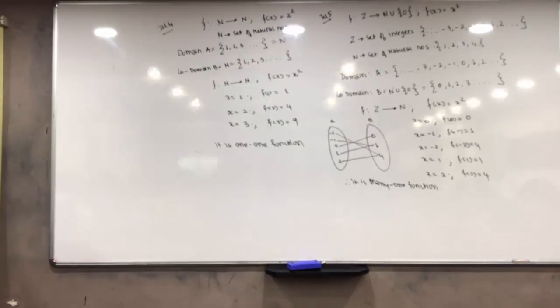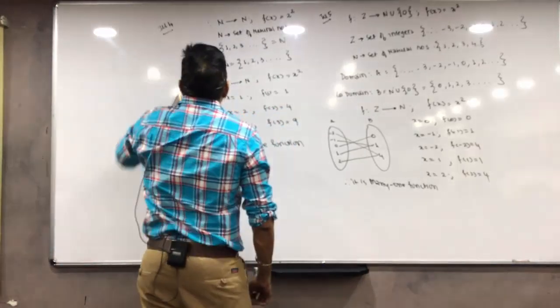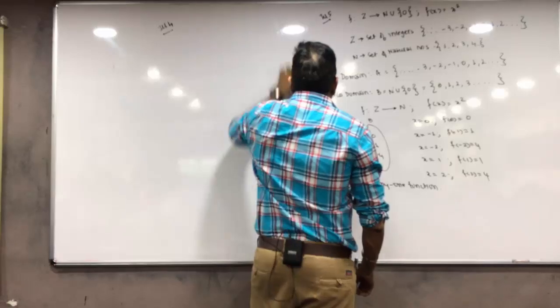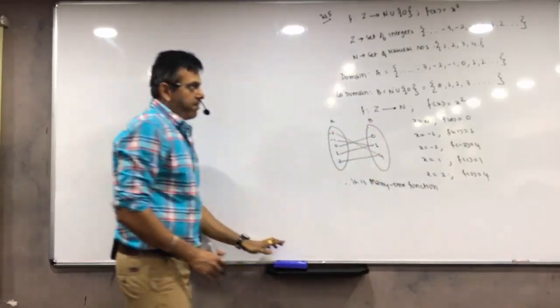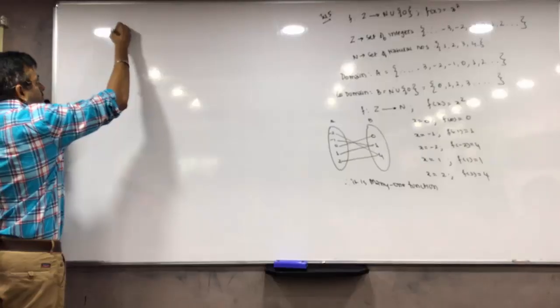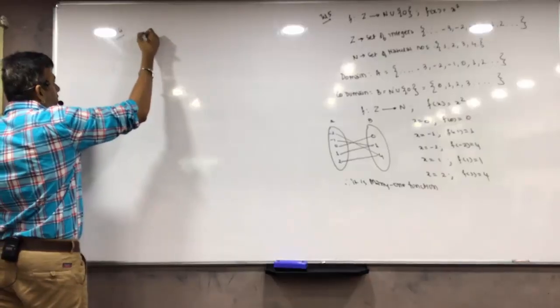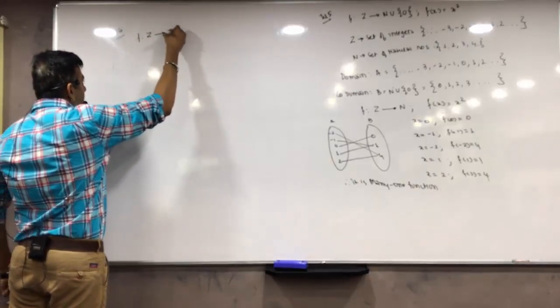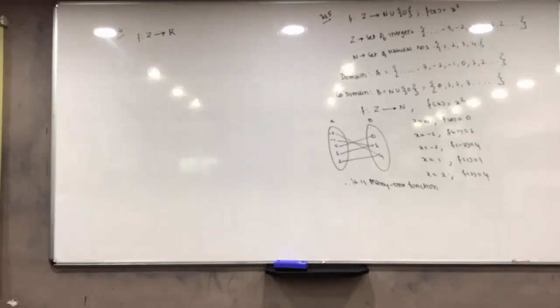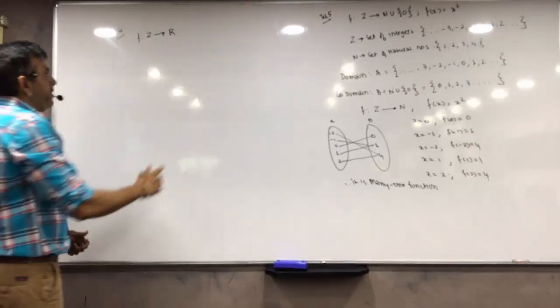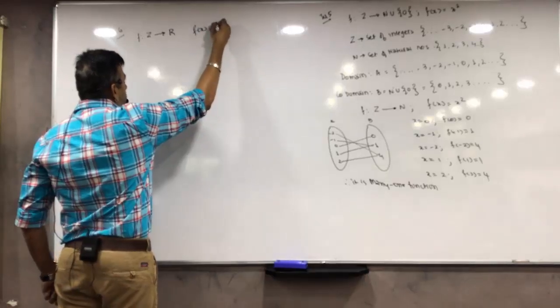Illustration 6. Now, very simple. Seeing the question, you can say it's a constant function, because the function is from set Z to set R, where it is clearly mentioned that f of x is equal to 100.